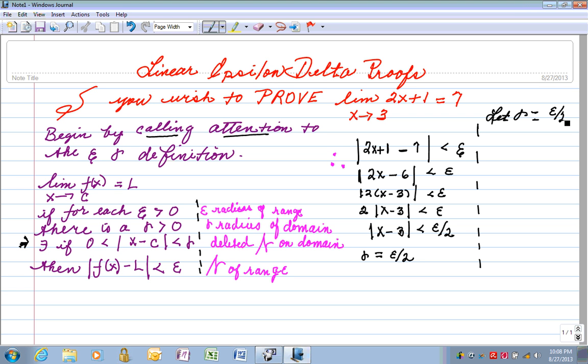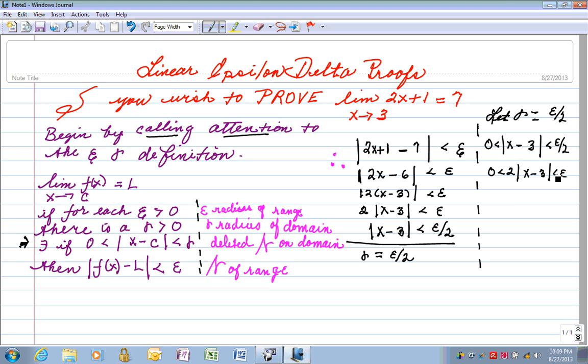Also coming out of my hat is that we know epsilon is positive, 2 is positive, therefore epsilon over 2 is positive. So since the world is positive, we can make a statement that 0 would be less than any x minus your c is 3, less than epsilon over 2, starting from this last statement. By product of multiplication, you would have 0 less than twice absolute value of x minus 3 less than epsilon.